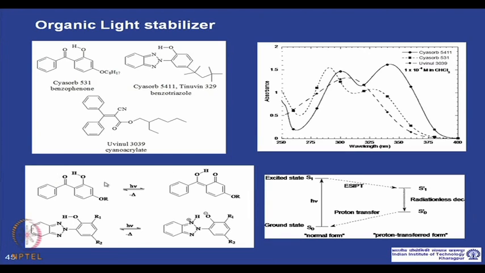So, this is an example of that photostabilizer in the normal ground state, and with absorption of UV light they go to a first excited state where a proton transfer happens, and finally a radiationless process brings them back to a new ground state. This is the mechanism by which these organic light stabilizers function as photostabilizers.